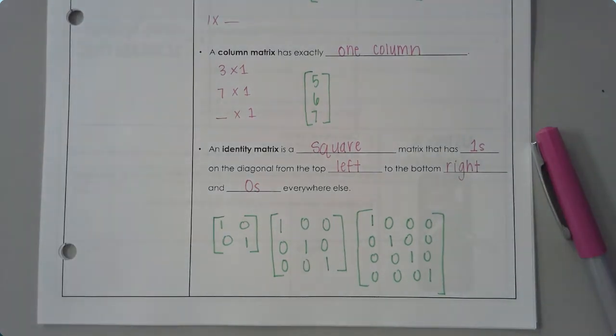So this would be a 4 by 4 identity matrix. Ones going down that diagonal, zeros everywhere else.